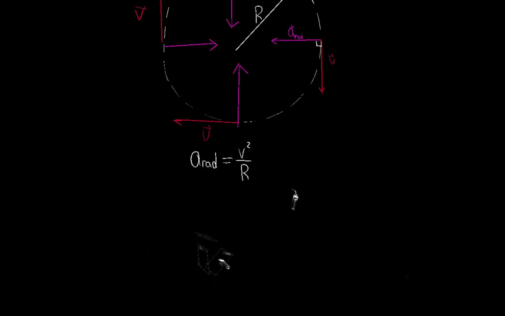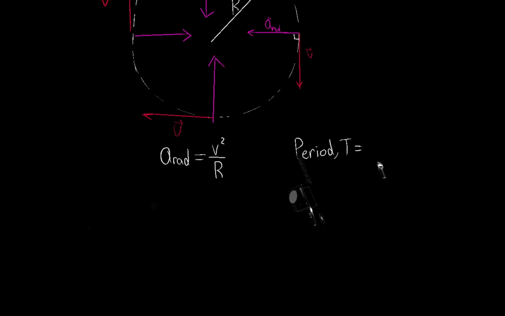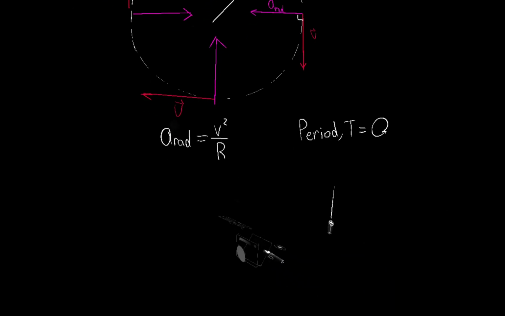The other one is if you have the period. So period is the time that it takes for one revolution, and we give it symbol capital T. So period is the time for one revolution around your circle in seconds.